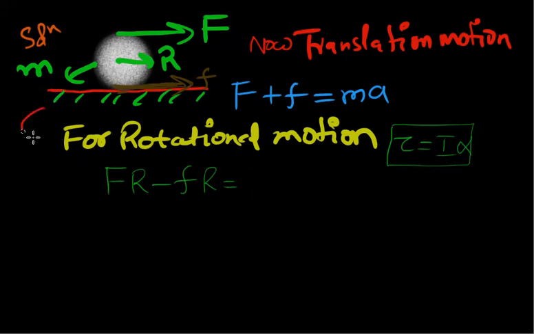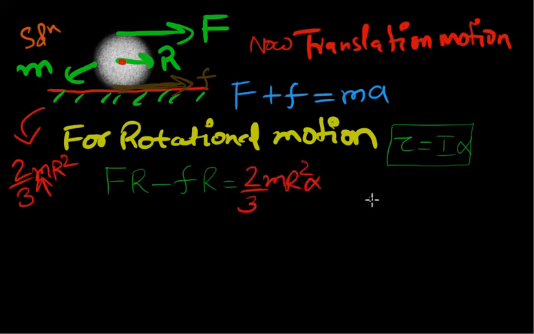We know that for a thin spherical shell, with the axis passing through the center, the moment of inertia will be 2 by 3 m capital R square, where m is the mass of the sphere. So I equals 2 by 3 mR square into alpha. Also we know that v equals capital R into omega.